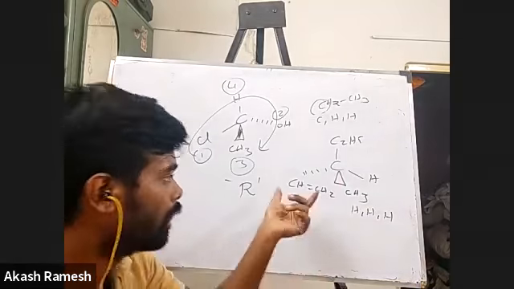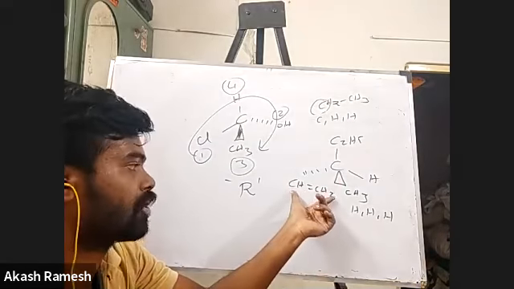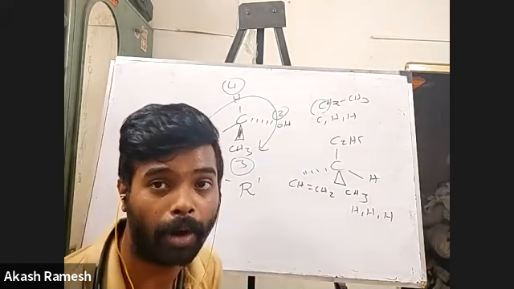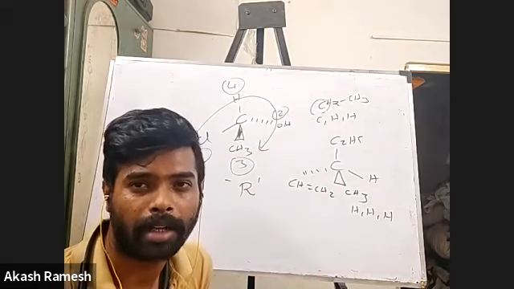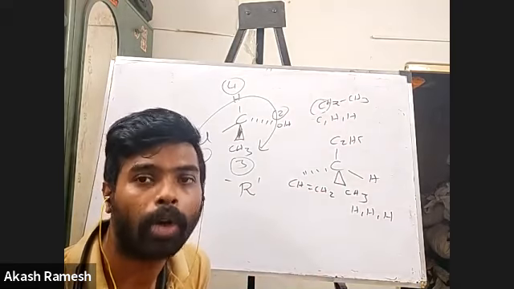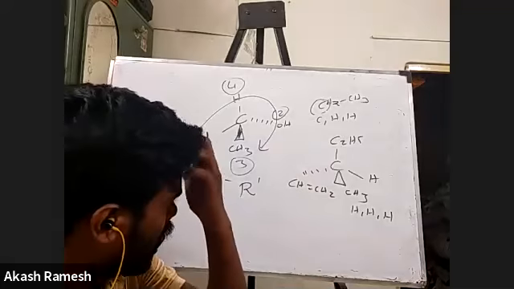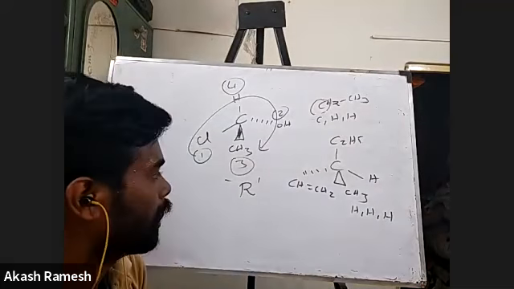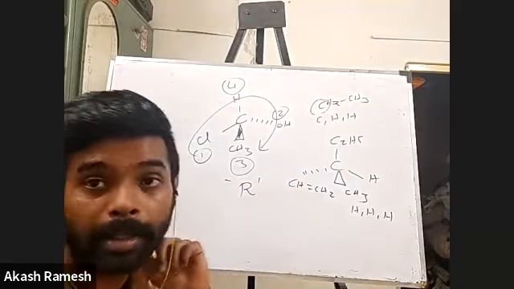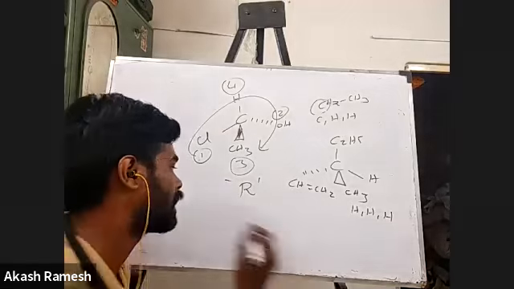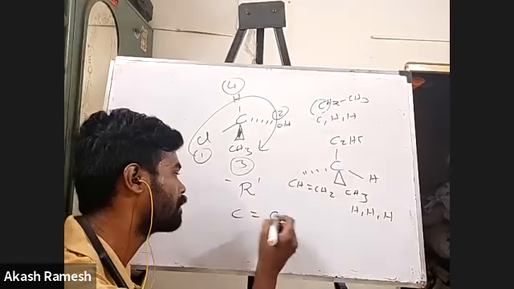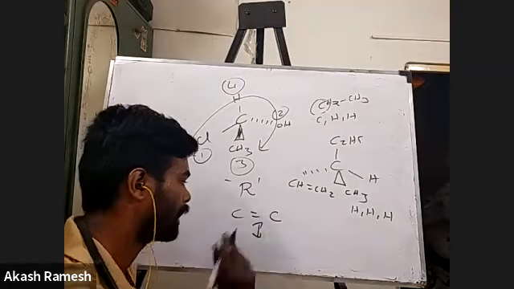Now when you have a double bond, there is some extra thing you have to do. You can see that there is a carbon-carbon double bond, and I can represent it like this.